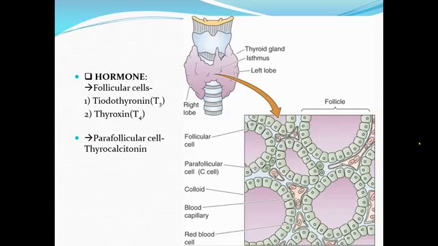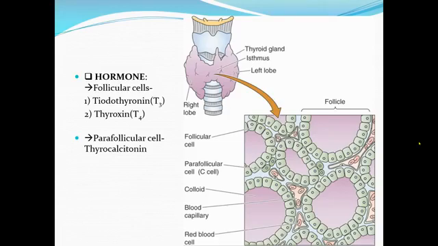Hormones: as we already said, there are follicular cells and parafollicular cells. Follicular cells are derived from the endodermal thyroid diverticulum in the primitive pharynx.